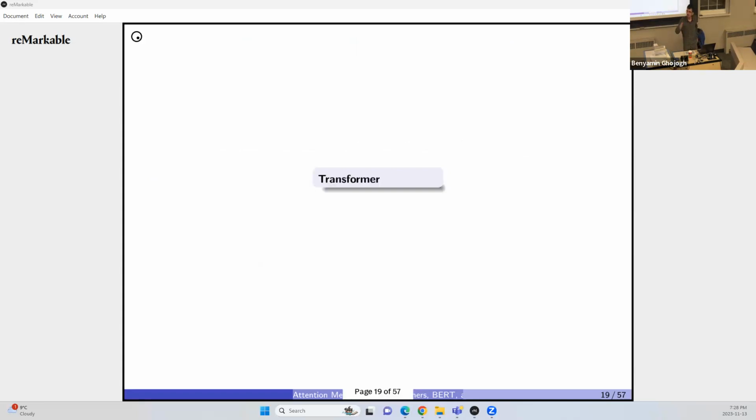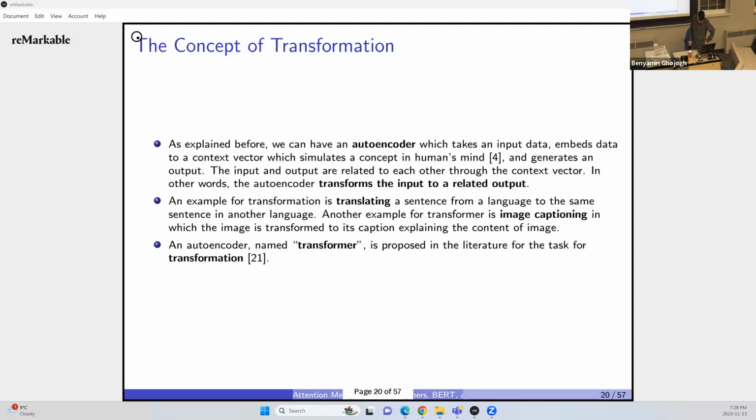Okay, so far we talked about attention. Now let's talk about the transformer, which makes use of attention. So do you remember the autoencoder that we talked about? Right? It takes input data and embeds the data into a context vector, which simulates a concept in a human's mind.